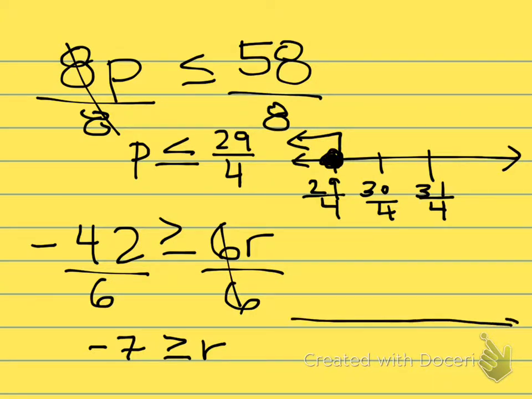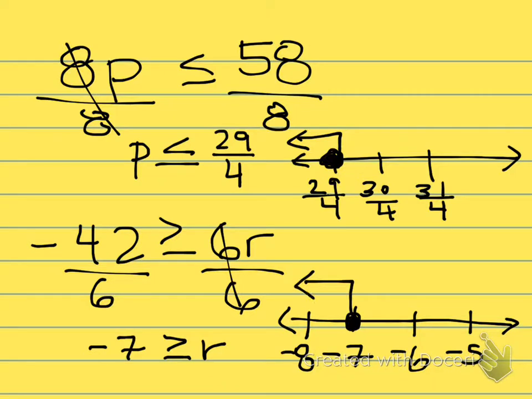So if I read from the variable side so that I can graph this, r is less than or equal to -7, which means a closed circle going towards the left.